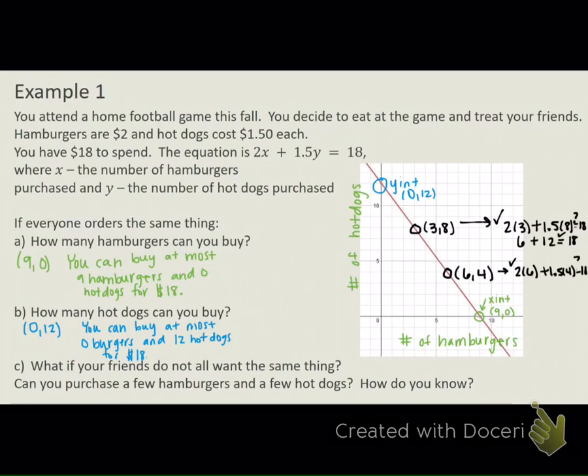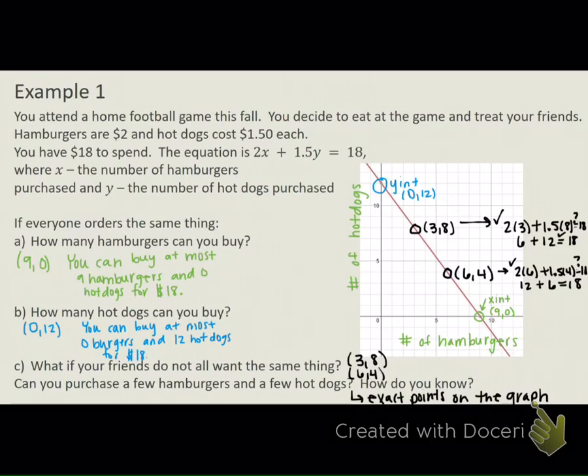We got to see if that's true. Is 12 plus 6 18? So those do work. We do have 2 situations. And we know this because they are exact points on the graph, plus we checked them by plugging them in.